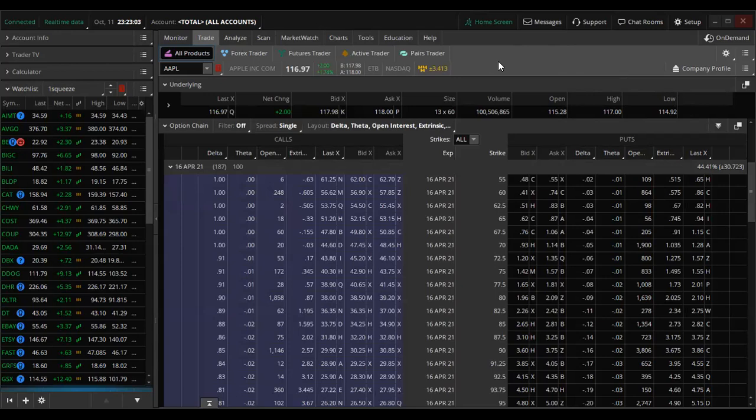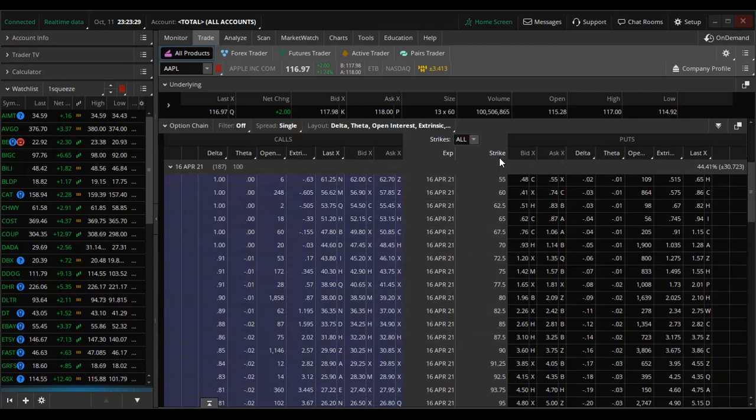Now, on this option chain, you will notice that there are numbers on the left and the right. Usually on a trading platform, calls will normally be on the left side and puts will be on the right side. In the middle, you will have your expiration dates.